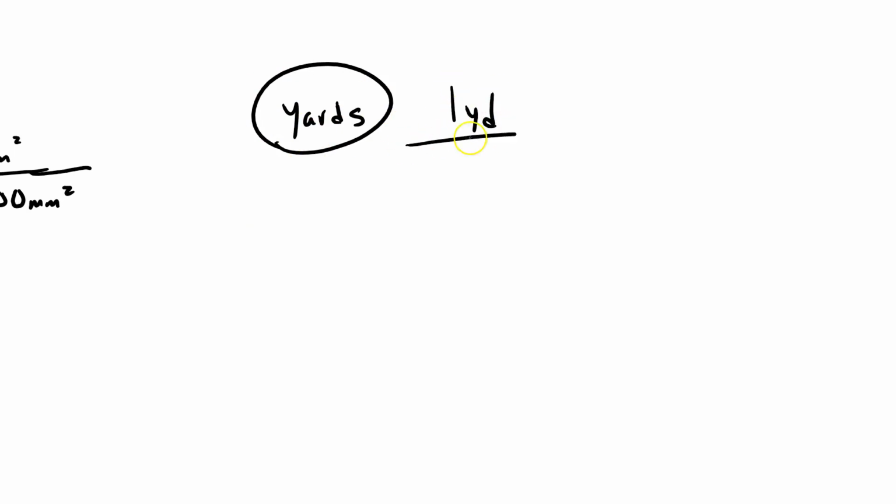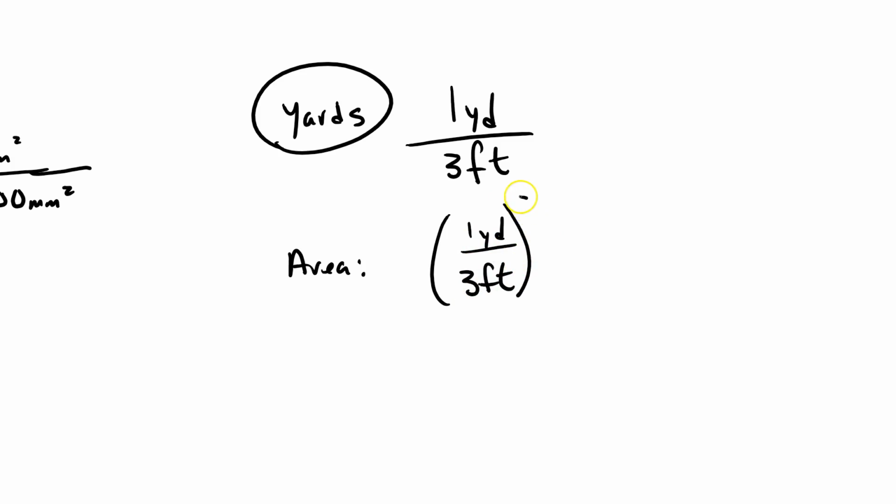So if we're talking about yards, we're saying 1 yard is the same thing as 3 feet. So area is going to be 1 yard over 3 feet, all to the power of 2. 1 yard times 1 yard is 1 yard squared. 3 feet times 3 feet is 9 feet squared.